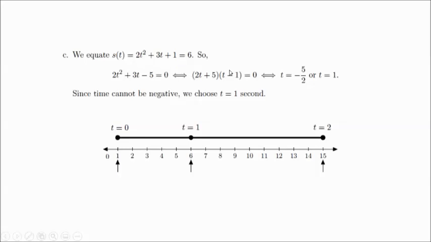So factoring, 2t plus 5 quantity t minus 1 is equal to 0. Makukuha nyo is 2 values of t: negative 5 over 2 or t is equal to 1. Ngayon, i-disregard natin yung negative time, kasi wala naman negative time. So 1 second yung sagot dito. Okay? So yun yung position function.